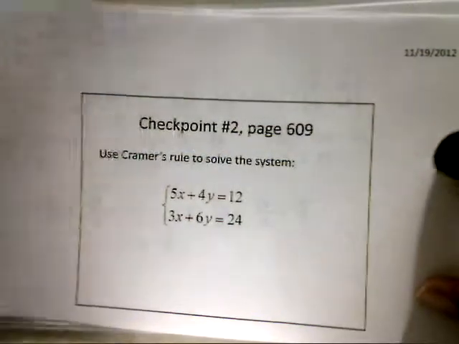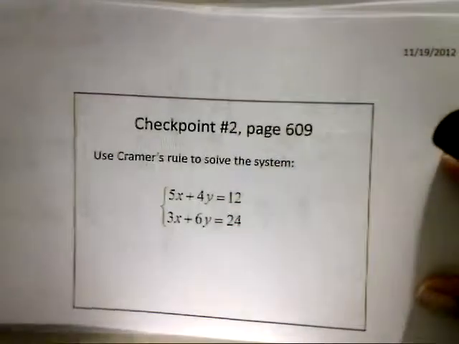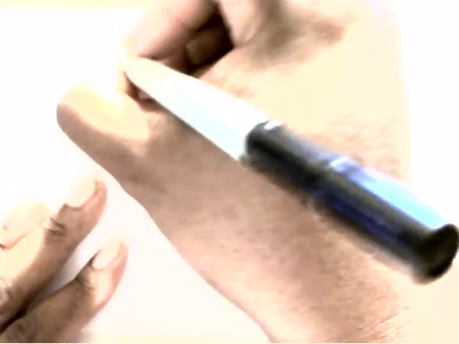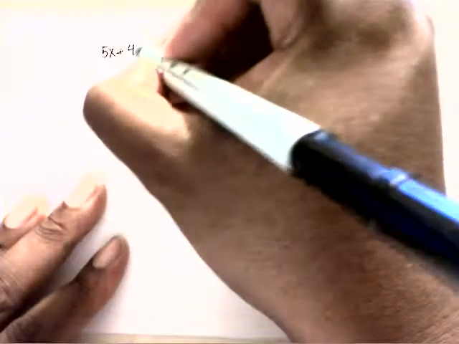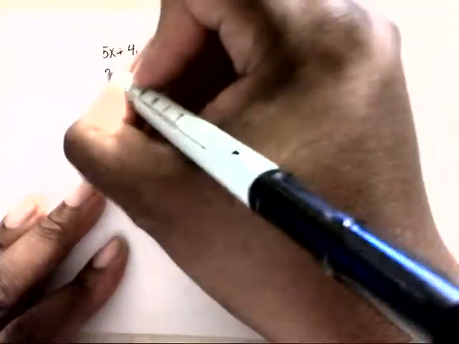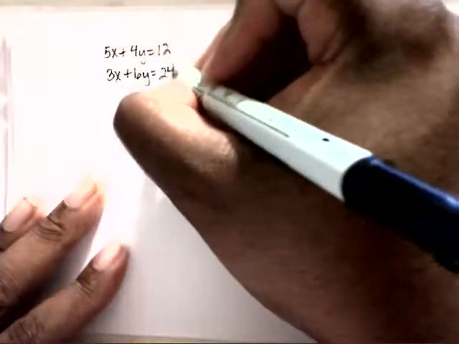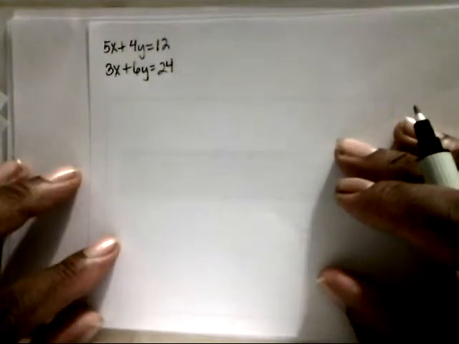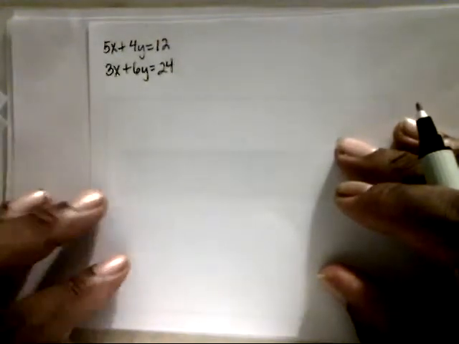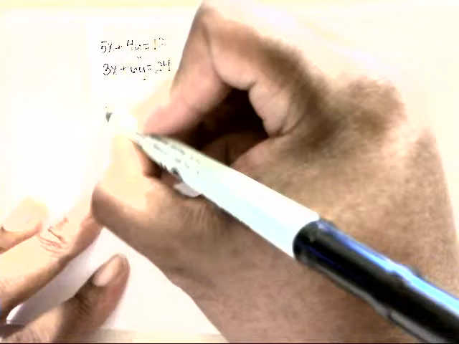Okay, so in this case here, we got 5x plus 4y is equal to 12. And 3x plus 6y is equal to 24. That's my system of equations that I want to find out what x and y is using Cramer's rule.